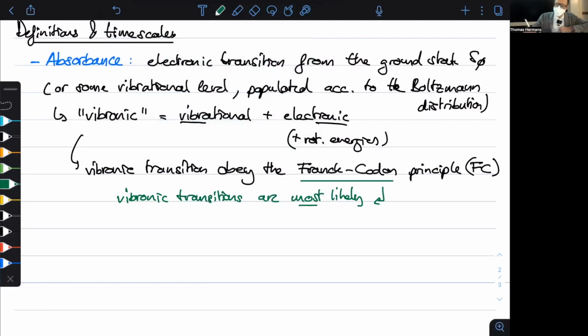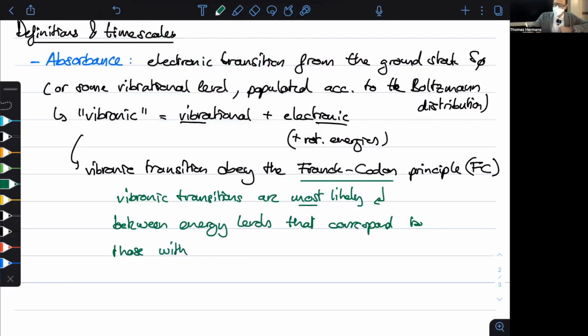It doesn't say always, it says most likely, between energy levels that correspond to those with the same internuclear distances.